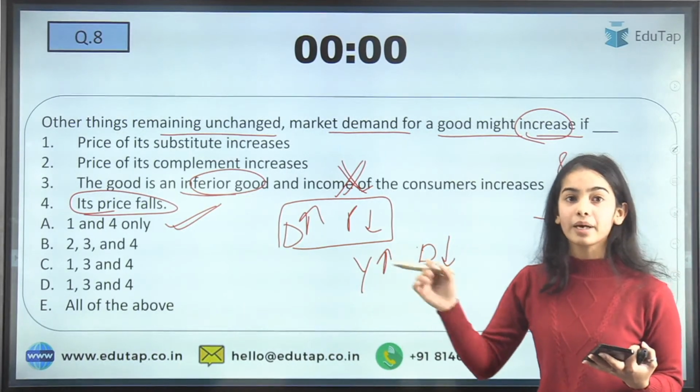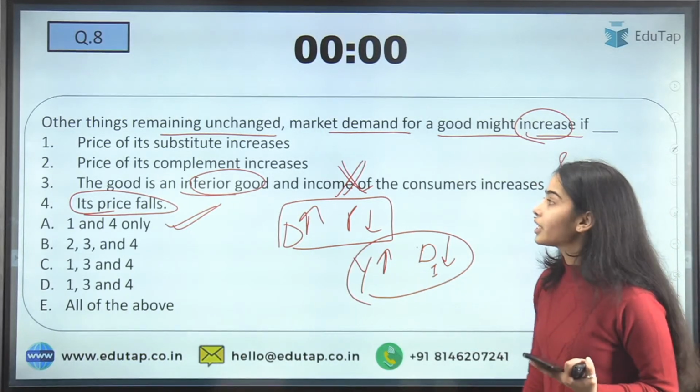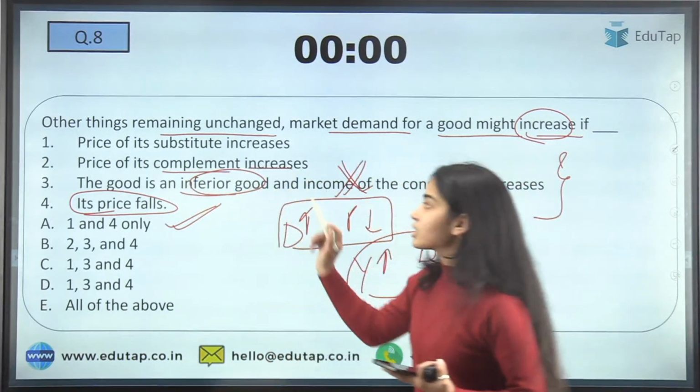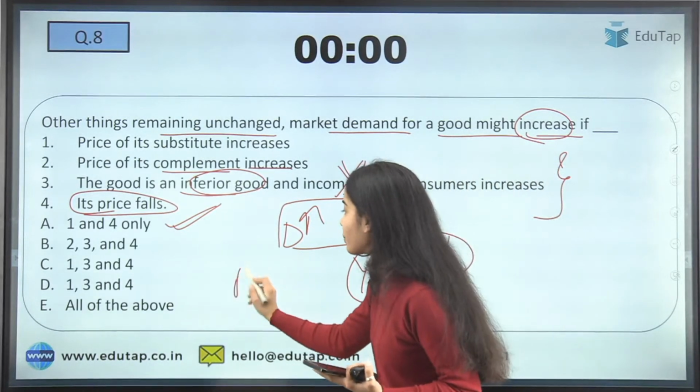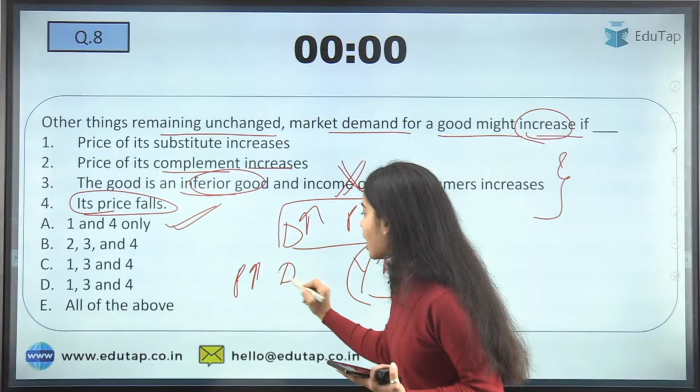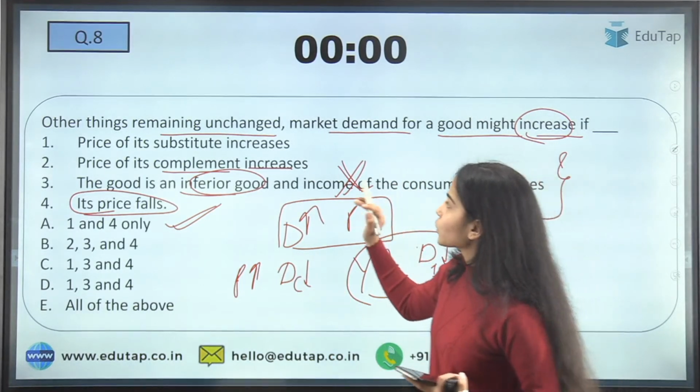Complementary goods go in different directions. If your petrol prices are rising, the demand for the car will decrease. So that can also not happen.